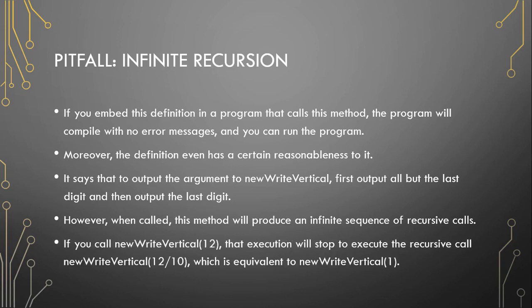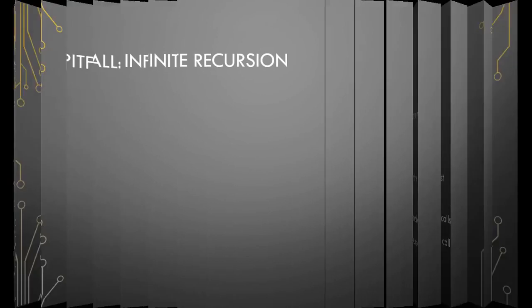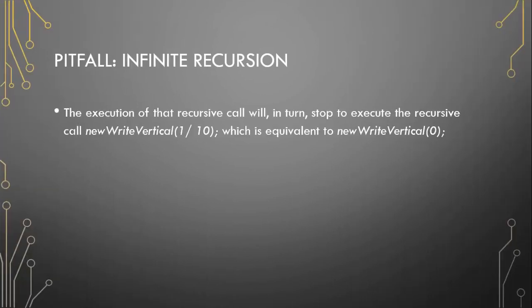If you call, for example, newRightVertical 12, that execution will stop to execute the recursive call newRightVertical 12 divided by 10, which is equivalent to newRightVertical 1. The execution of that recursive call will, in turn, stop to execute the recursive call newRightVertical 1 divided by 10, which is equivalent to newRightVertical 0.